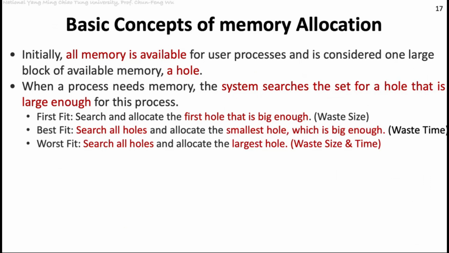But maybe several moments later, this process uses up to 10 megabytes. Then in this case, if you used worst fit to allocate that 10 megabytes before, you don't need to reallocate new space for that process. So in the future, maybe the worst fit will become the best fit. It is hard to say.